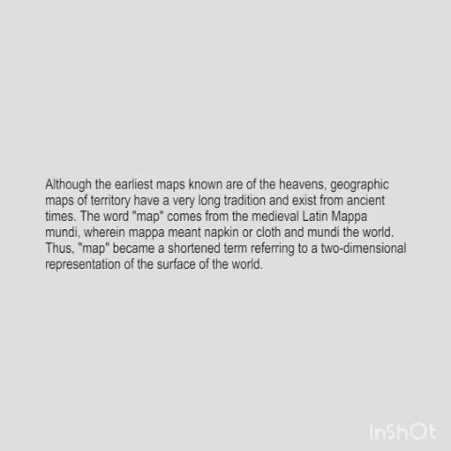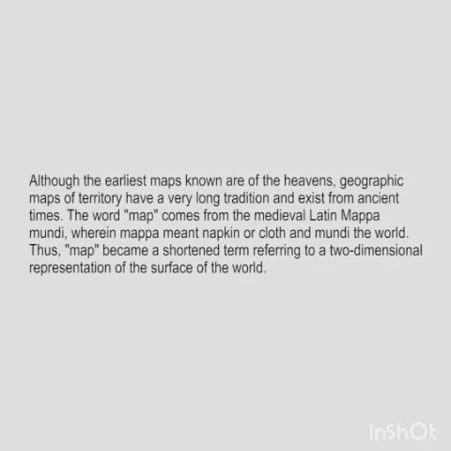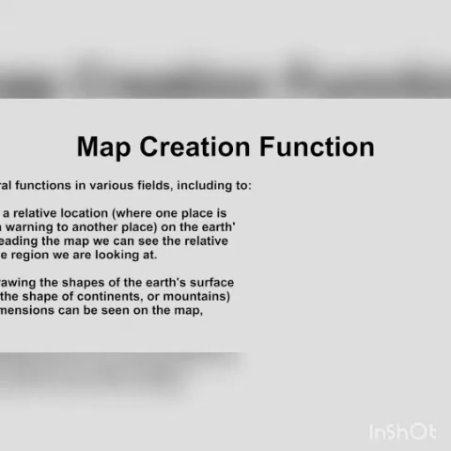The word map comes from the medieval Latin mappa mundi, wherein mappa means napkin or cloth and mundi the world. Thus, map became a shortened term referring to a two-dimensional representation.